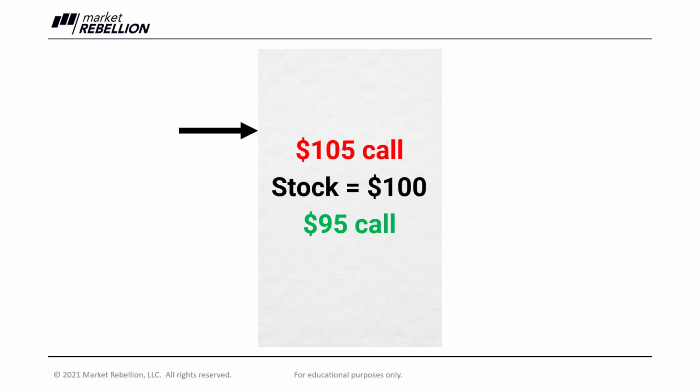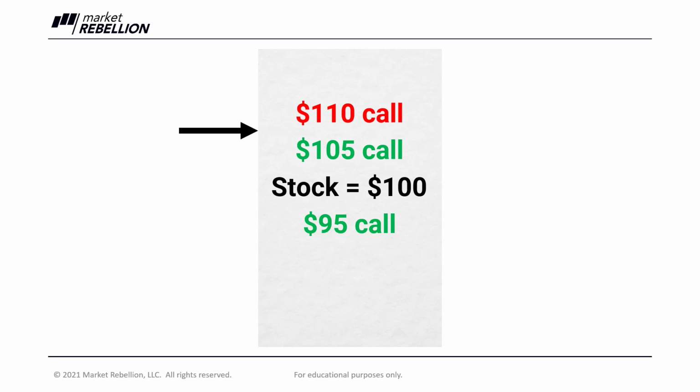It's important that it closes there. It might trade up above there during the day, might go to 106 or 107, but it must close above 105. If it does, now the 105 is an in the money call, and a new one gets listed. You'll see the 110 call get listed.